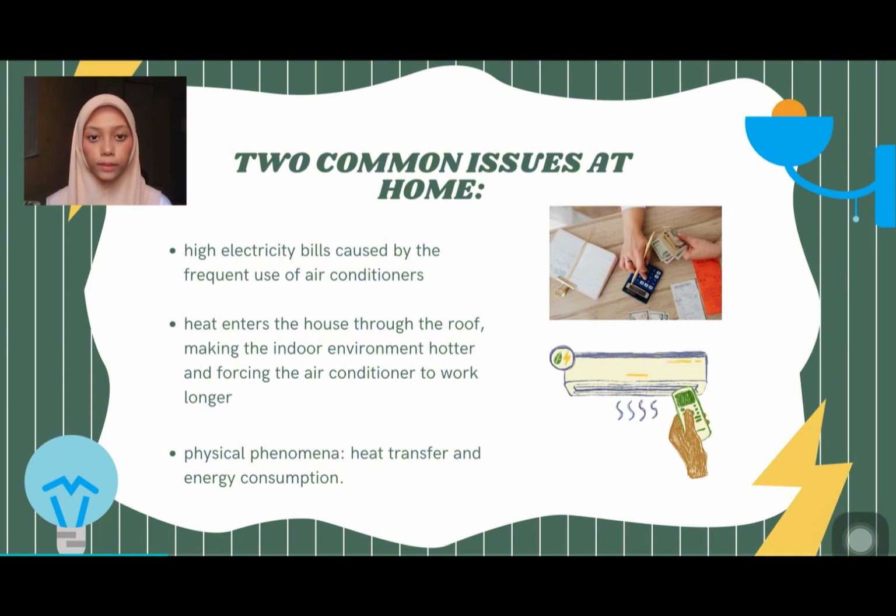Although these may seem like ordinary household issues, they involve physical phenomena such as heat transfer and energy consumption. As a physicist, instead of making assumptions, we use mathematical models to analyze this problem quantitatively and identify the most effective solutions.